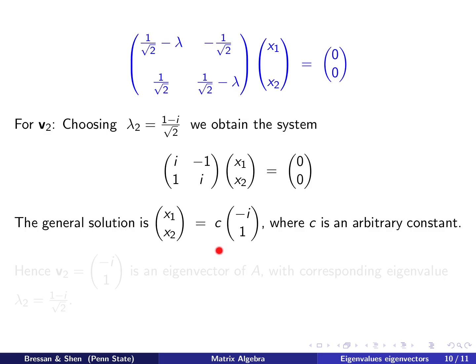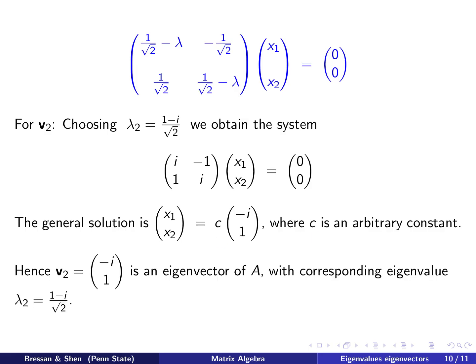And that's the general solution with an arbitrary constant c. And therefore this vector here is an eigenvector of A, and we write it out, and that corresponds to the eigenvalue lambda 2. And we note again that this is a complex number.